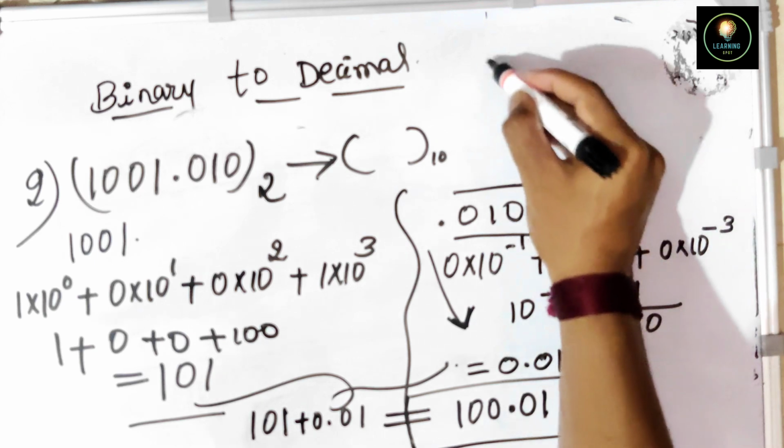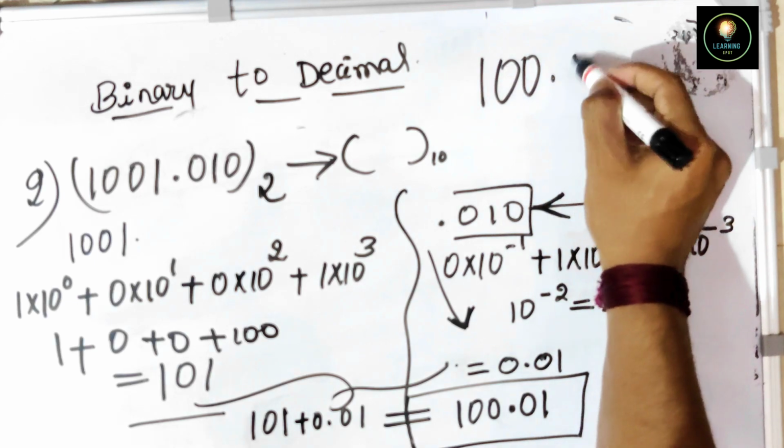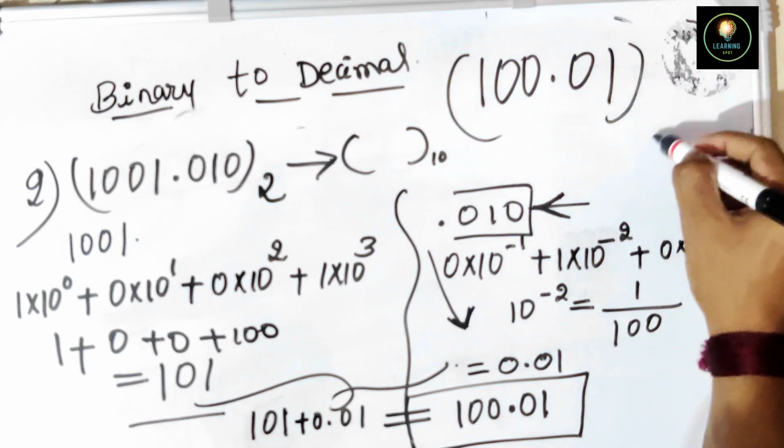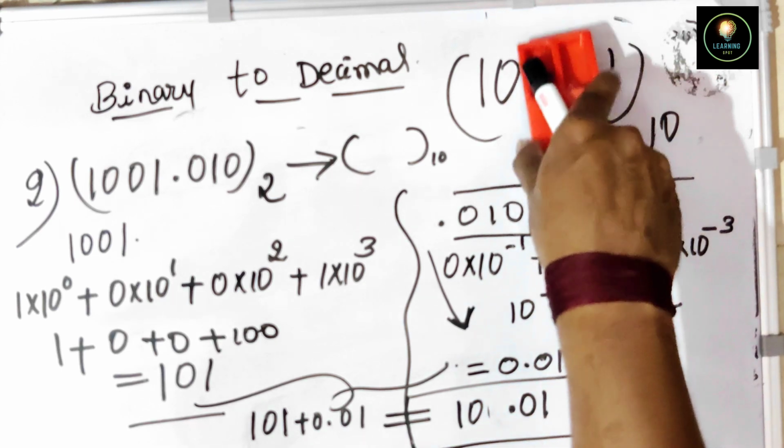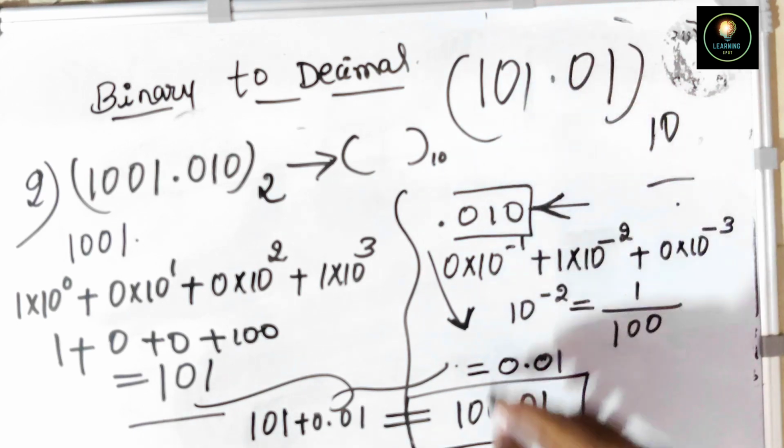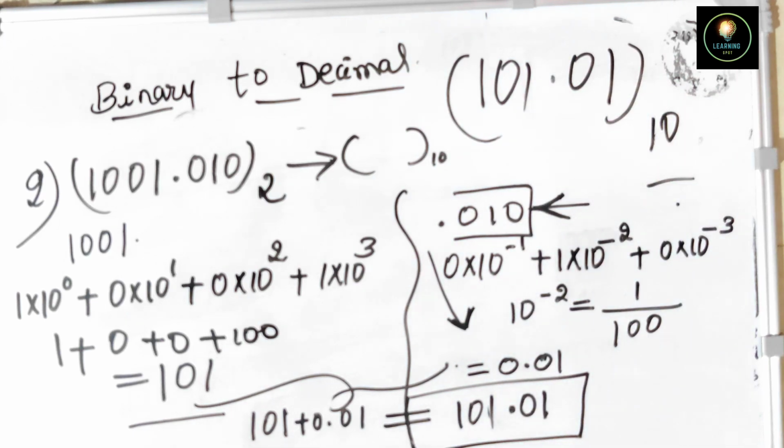So once again, 101.01 is the decimal value of the binary number 1001.010. Sorry, I made a mistake while writing.